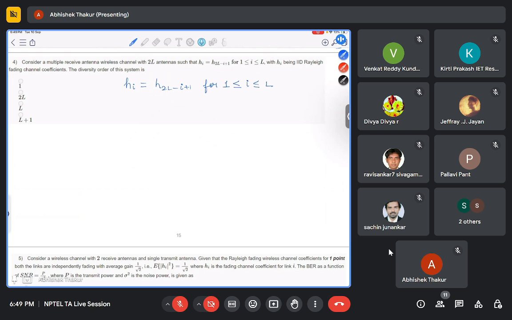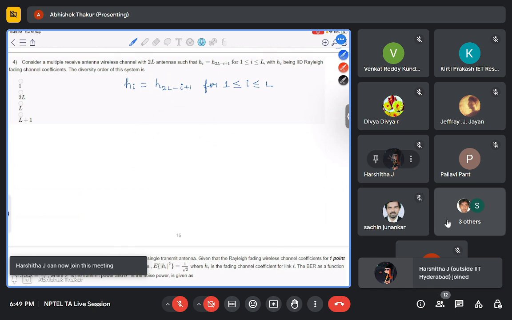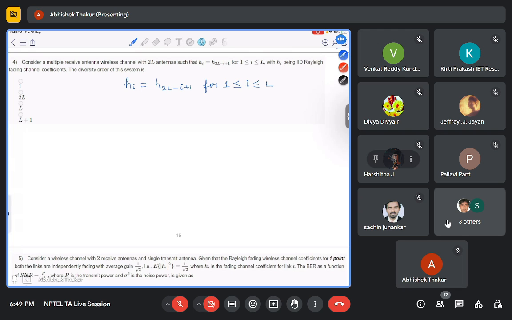So the diversity order of this system is. So here we have to find the diversity order.